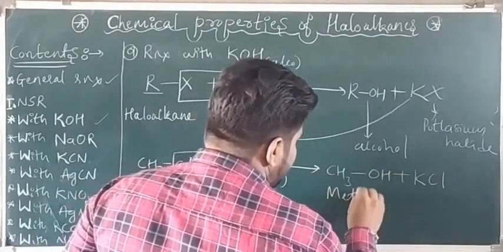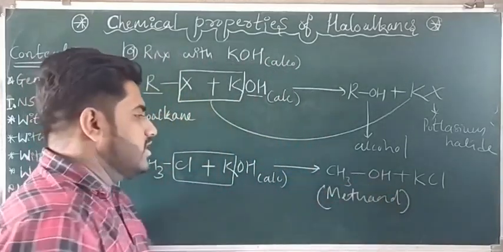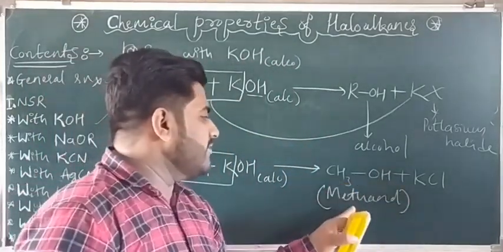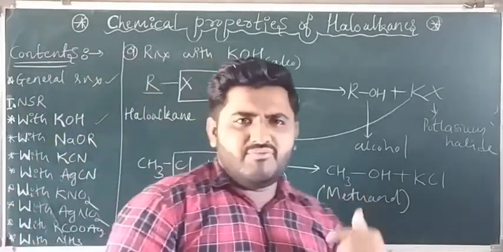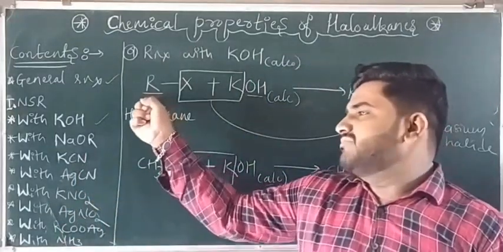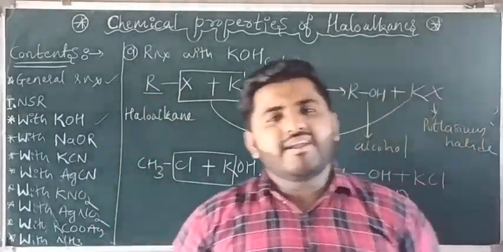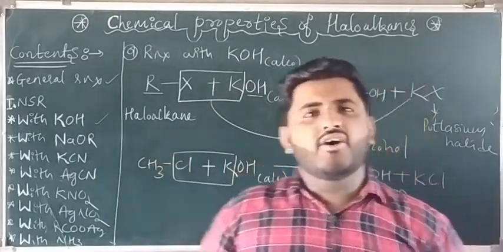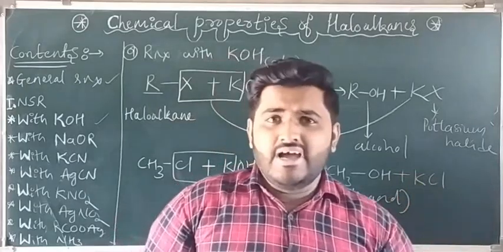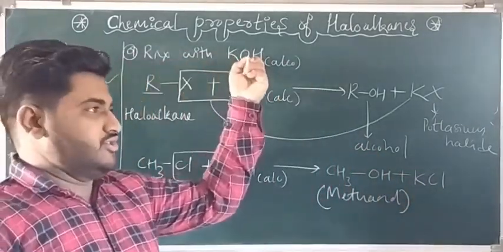This one is methanol, one carbon with OH. So this is methanol. You can take ethanol. Whatever the R group, methane, ethane, propane, depending upon that, you are getting different alcohols: methanol, ethanol, propanol, like that. I hope you understood. This is regarding reaction with KOH.